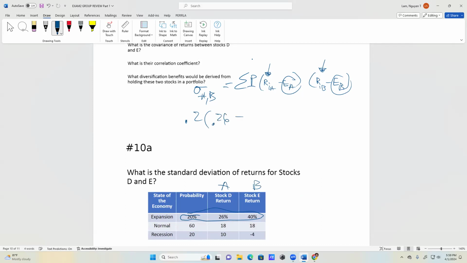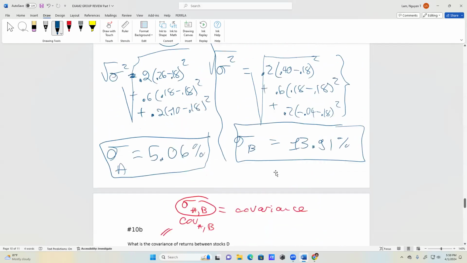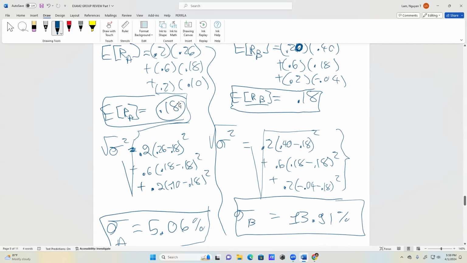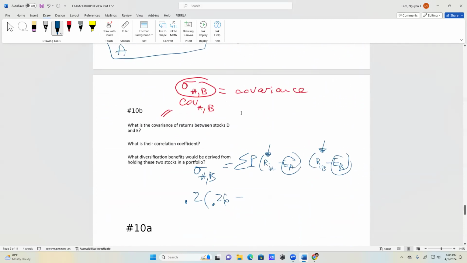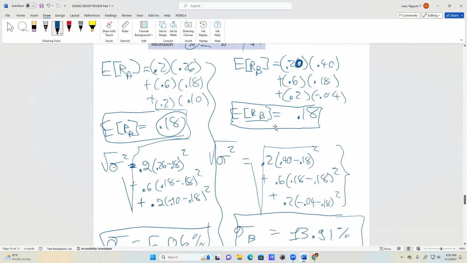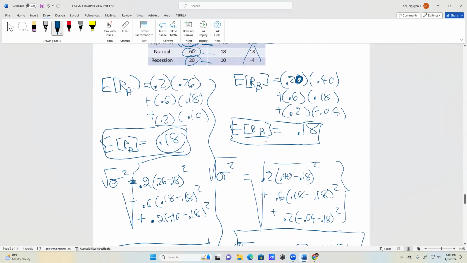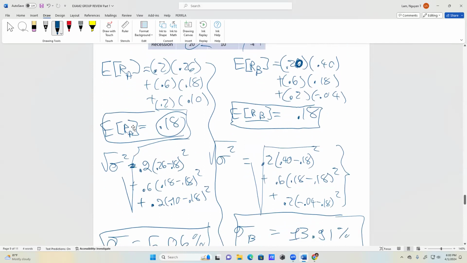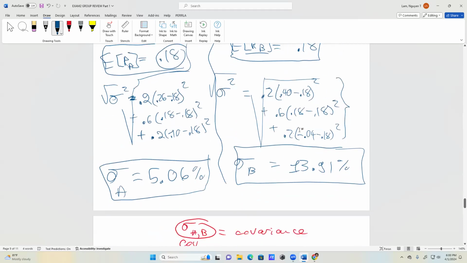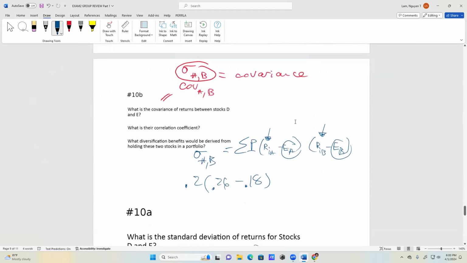Then EA, that one seems familiar. I think I got it, 0.18, because these two are the same in this scenario. That is the bad thing about this example. If ERA were different from ERB, I think that would be a better example. But do you agree that this is correct?